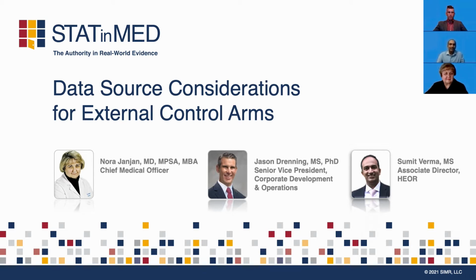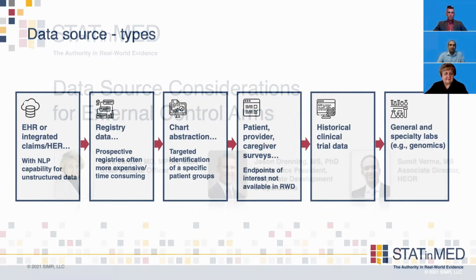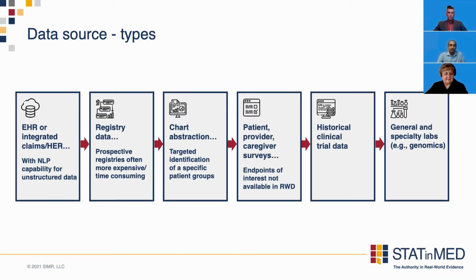Well, mainly electronic health records data, although in some cases, registry data, medical charts, surveys, or even retrospective trial data. The key is being able to match the study arm patients, particularly the inclusion-exclusion criteria, to the control group. And to do so, especially for orphan oncology drugs or rare diseases, there needs to be an ability to look at the unstructured data, or maybe have a robust set of data points available to closely match to the study arm.